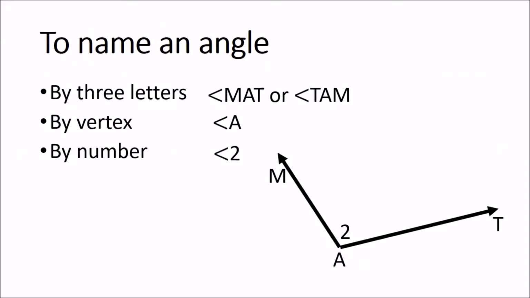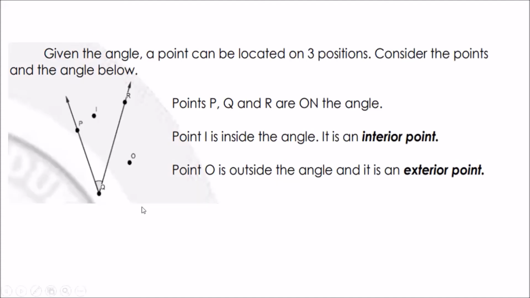So, points interior of an angle are those inside the angle, and the exterior are those outside. Given the angle, a point can be located in 3 positions. Consider the points and the angle below. Point P, point Q, and point R. A point on the angle is on the lines of the angle itself. A point inside the angle is called an interior point.